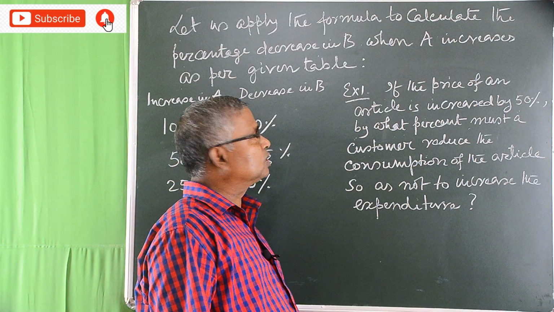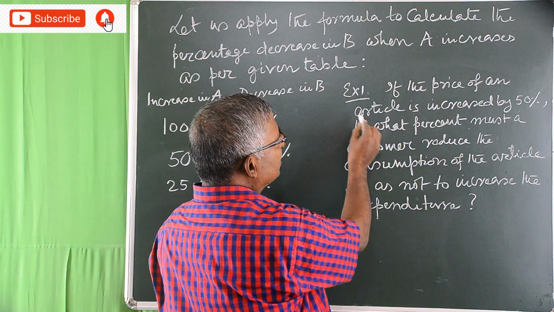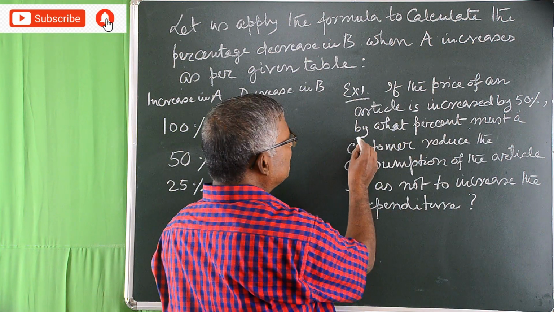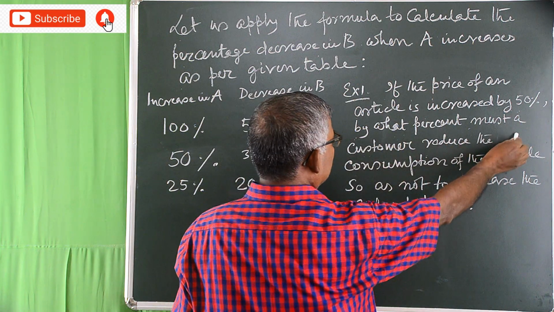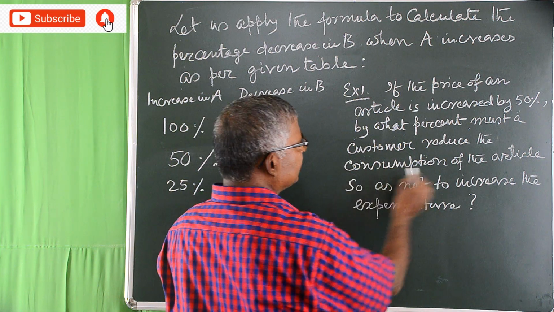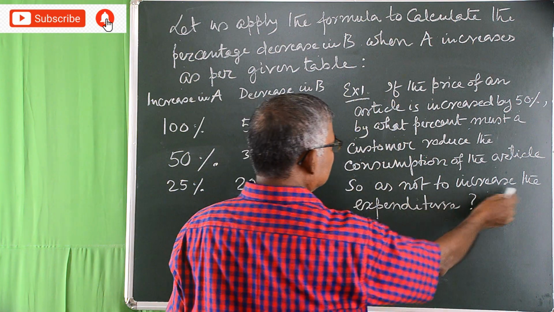Students, let us consider the problem. If the price of an article is increased by 50%, by what percent must a customer reduce the consumption of the article so as not to increase the expenditure?